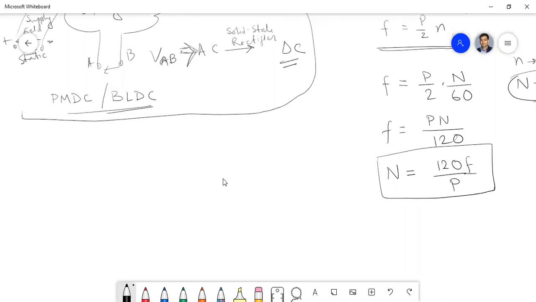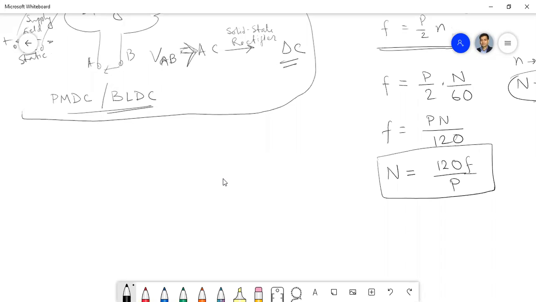Sir, because it will reduce the loss due to hysteresis. Because in the armature there is continuous magnetization and demagnetization. If it is made of solid cast iron, then the hysteresis loss will be more, and also the eddy current loss will be more. But if it is made of laminated steel, then the loss would be less.